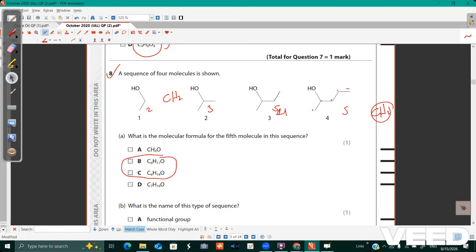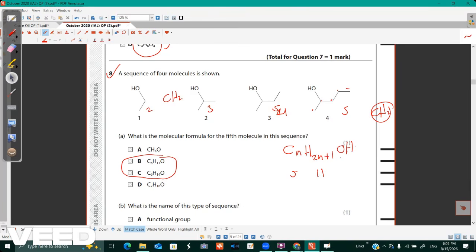So if you know the general formula for alcohol is CnH2n plus 1 OH, right? So if you have 5 carbons, C5, 2n plus 1 is about 11, and you are getting another hydrogen from here.